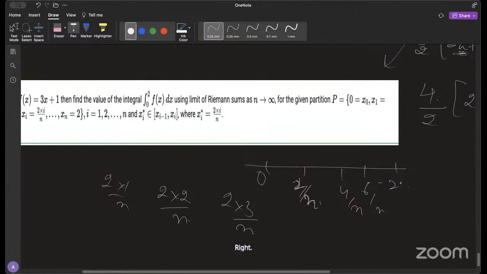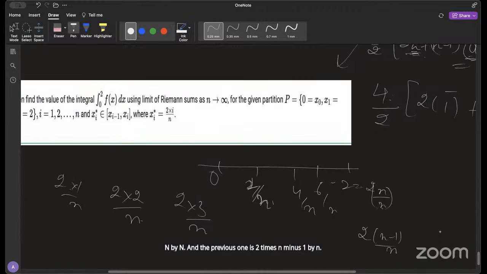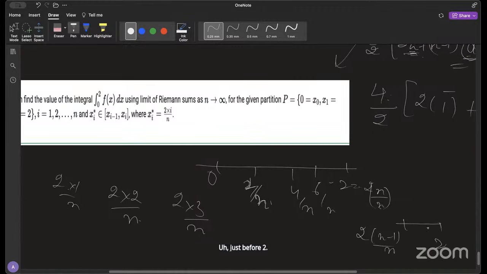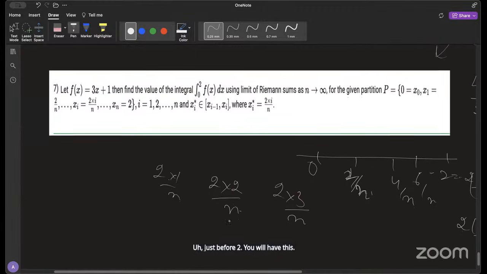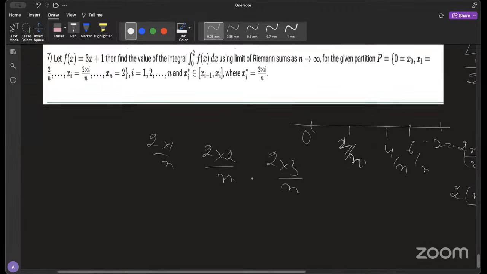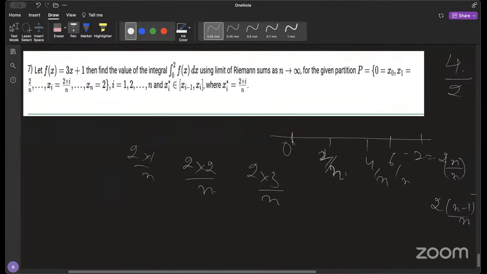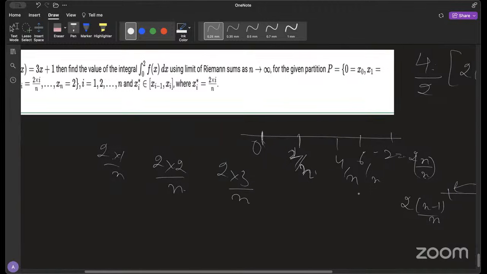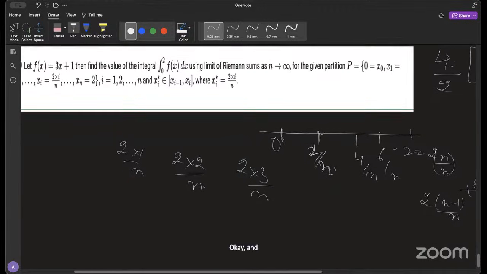So here you'll have 2n by n, and the previous one is 2 times (n minus 1) by n, just before 2. And then the length of each of these intervals is 2 by n, right? This is also 2 by n, this is also 2 by n, this is also 2 by n.